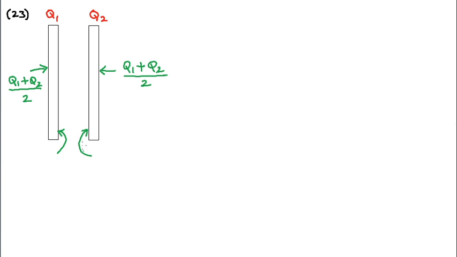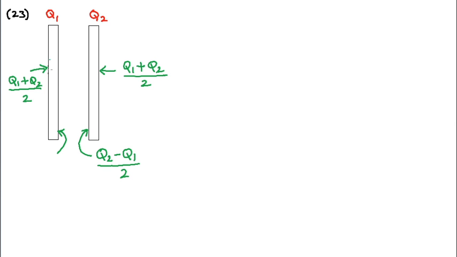So this charge must be, the total charge on the plate is Q2, and that minus (Q1 plus Q2) divided by 2 gives (Q2 minus Q1) the whole divided by 2, and the charge on this surface can be found in the same way by charge conservation.